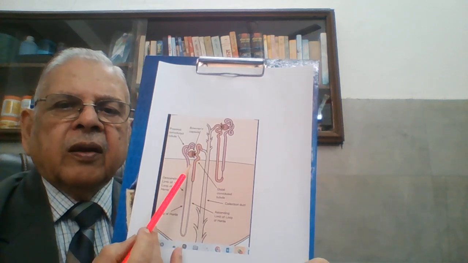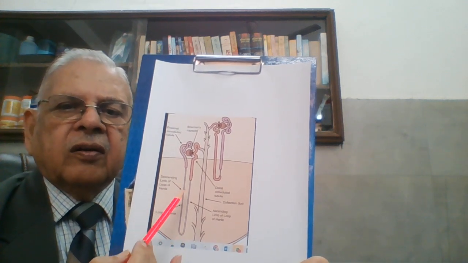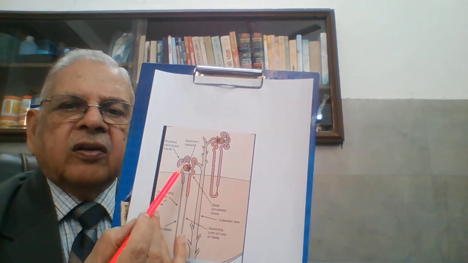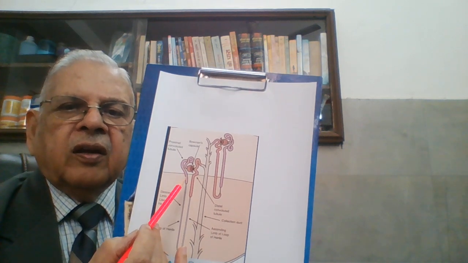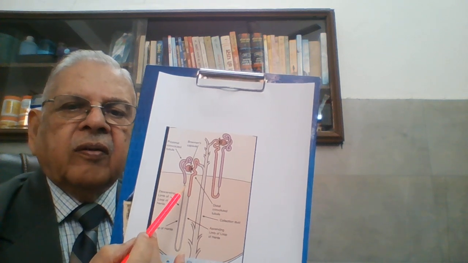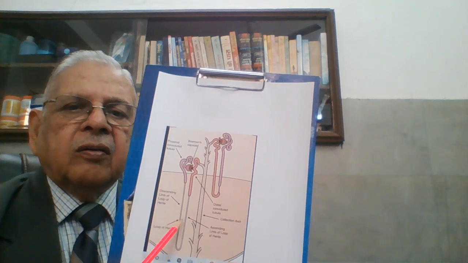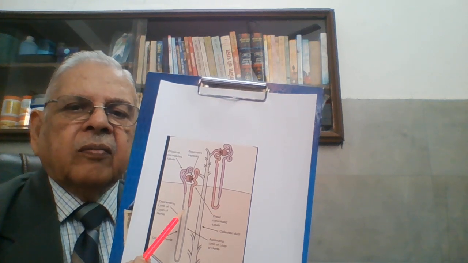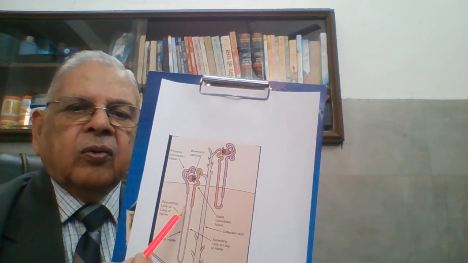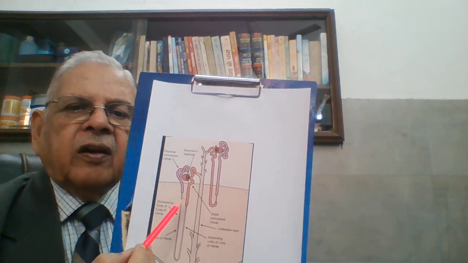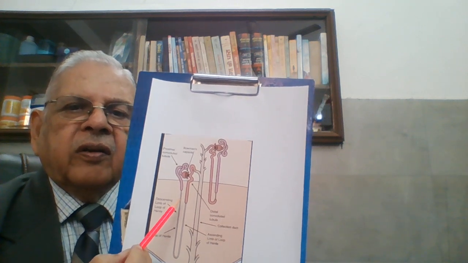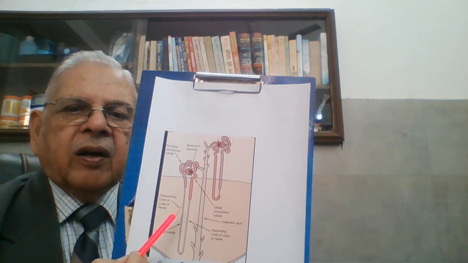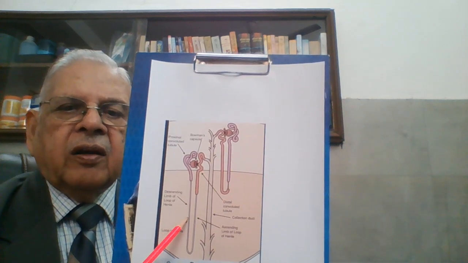What is the function of this lengthy structure? The essential things which are filtered are absorbed back into the blood, like sodium, potassium, glucose, amino acids. These are essential constituents present in the blood, but while filtering, they all come here, and the body has a mechanism by which they can be absorbed back.